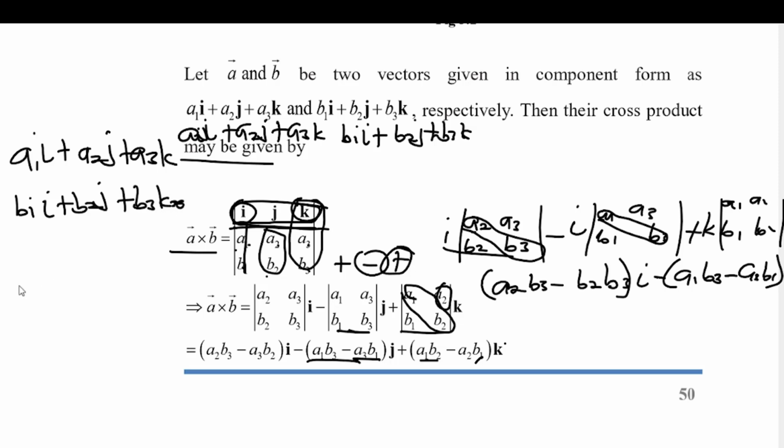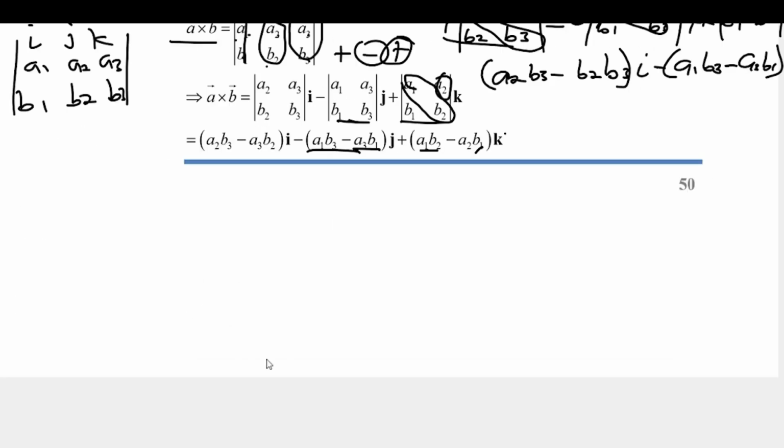So we just form our matrix with i, j, k. The first row you have A1, A2, A3. For the second row, you have B1, B2, and B3. Then we form our corresponding components as well here.